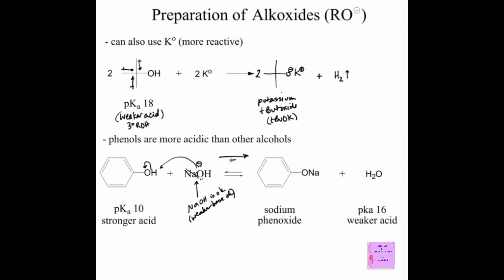So in this case, the equilibrium would be very much favored in the forward direction. So in fact, hydroxide is very effective and is suitable for deprotonating a phenol and essentially completely converting it to the anion, to the O-, the alkoxide.